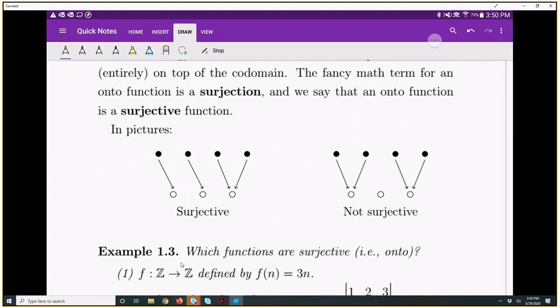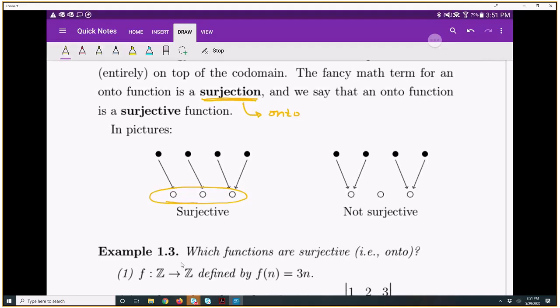And the proper word for onto would be surjection. So if we say surjection, that's the same thing as onto, and it simply means that every element in the codomain has a preimage in the domain.